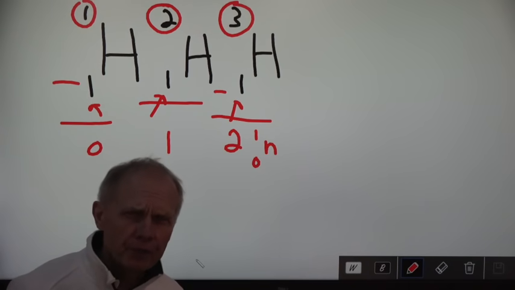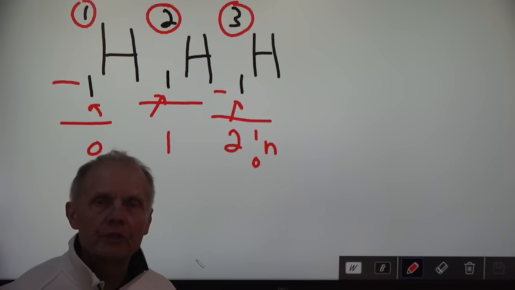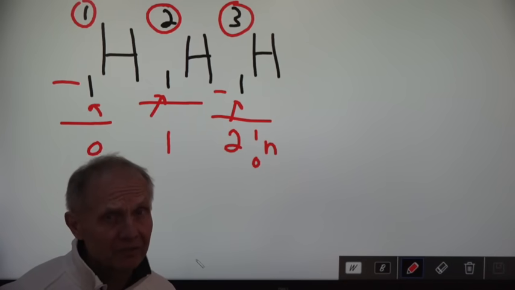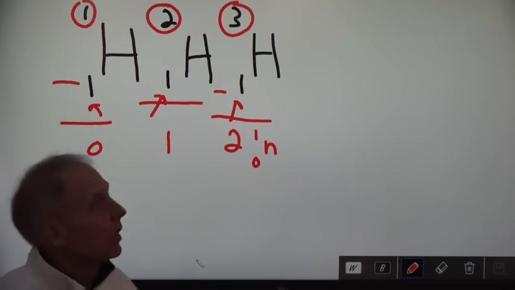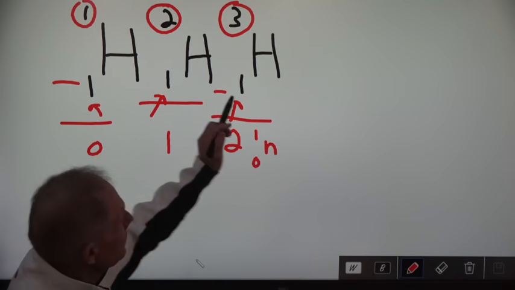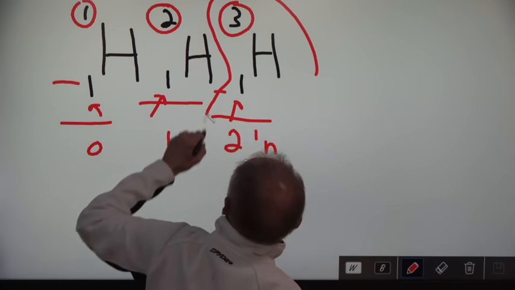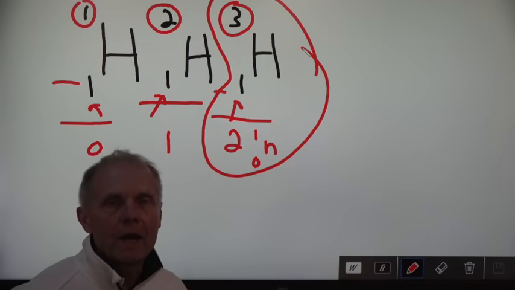And of those 3 isotopes, 1 is considered to be radioactive. Now, you don't know what radioactive means yet, but it's got to mean something strange. So for these, H11, H21, H31, this one, H31, that's the radioactive isotope.